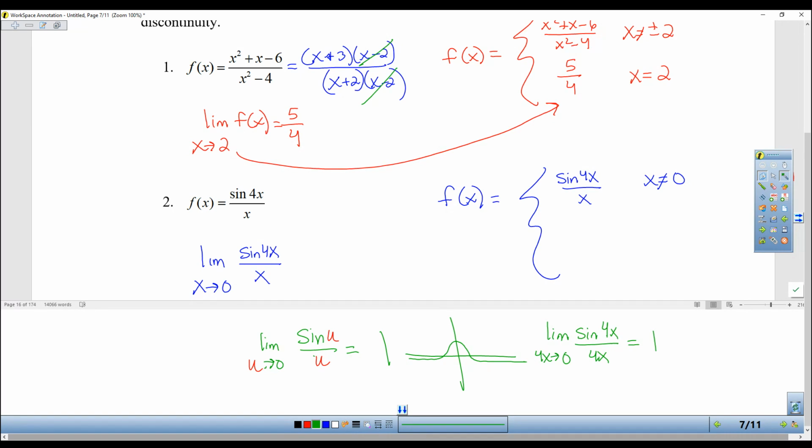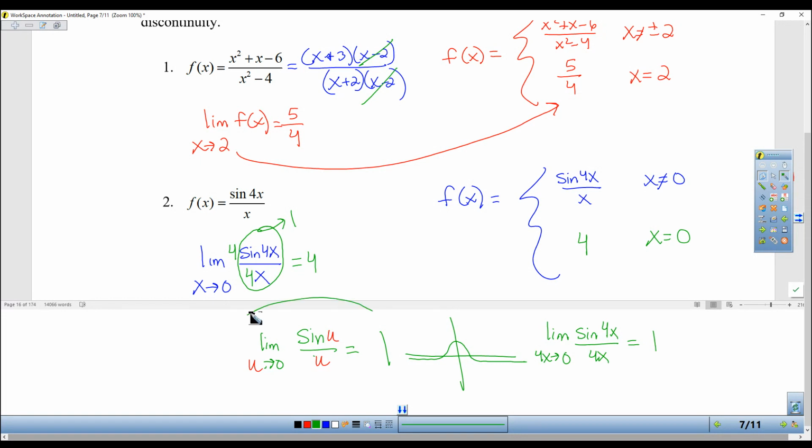But you might be thinking, but we don't have 4x. So we'll give it a 4x. 4x over 4. Now this piece goes to 1, and then 1 times 4 is 4. So it's going to be equal to 4 when x is equal to 0.